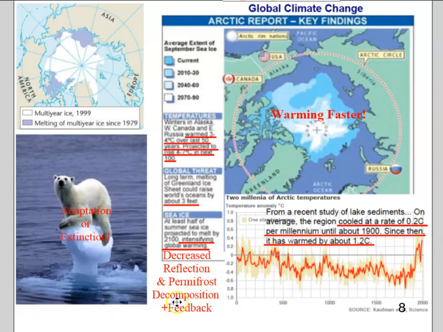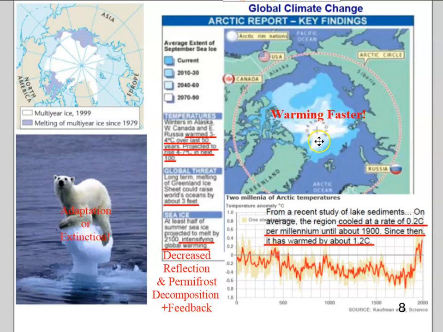And part of what we're worried about are some positive feedback loops that might get established and cause what we have been referring to as the runaway greenhouse effect. So that's the idea that when the ice melts, the ice and the snow reflect a lot of solar radiation back out into space.